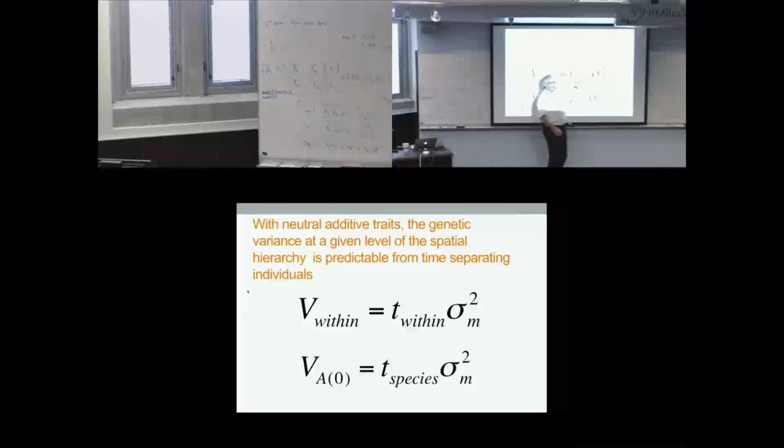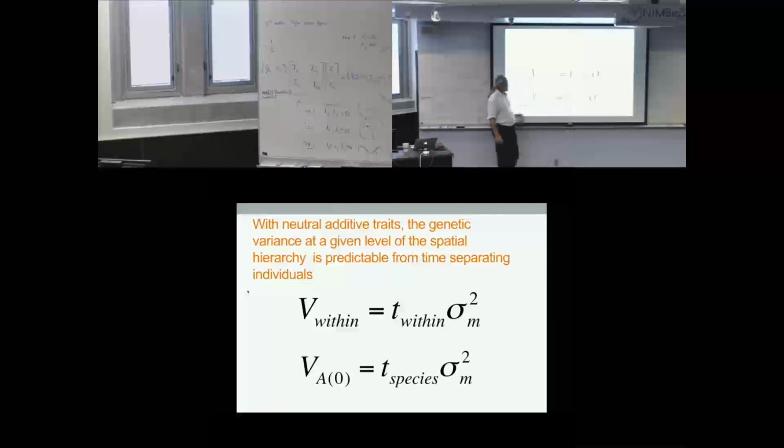So within populations, there's this much time. This is the average time to a common ancestor within populations, and that's how much time you've got to accumulate differences between individuals. At the species level, same kind of thing.